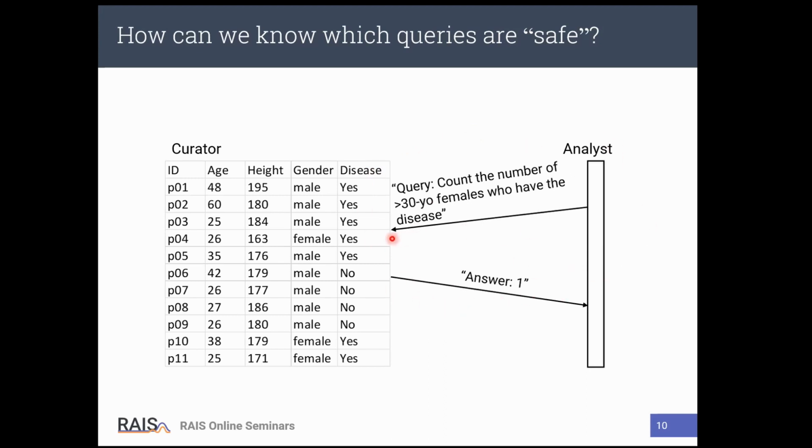So, for example, the analyst may ask, okay, give me the count of the 30-year-old females who have the disease in the database. And there is only one user satisfying these requirements. And so the analyst will gain information about this specific user. And if the analyst asks enough of these specific queries, he will eventually be able to reconstruct the whole database, which is exactly what we want to avoid in the first place.